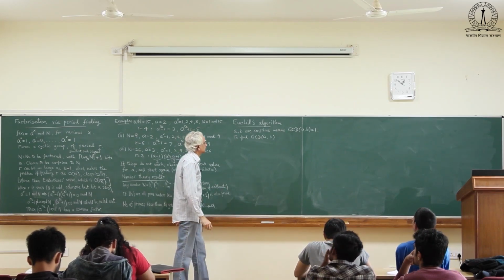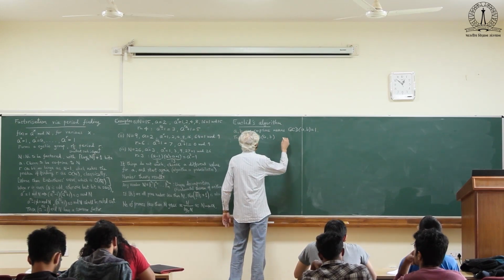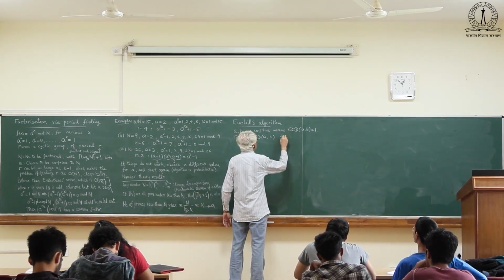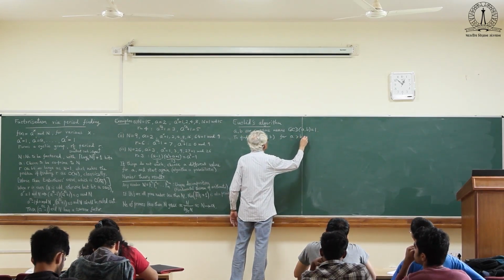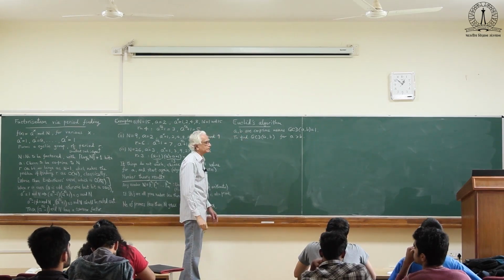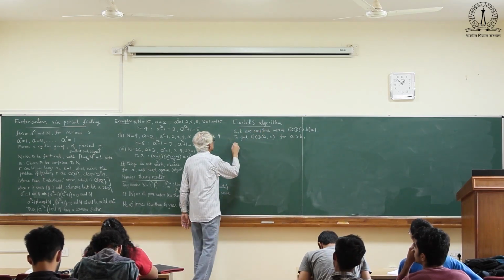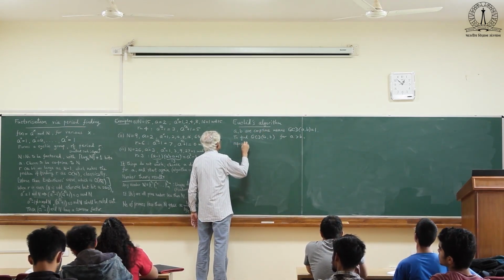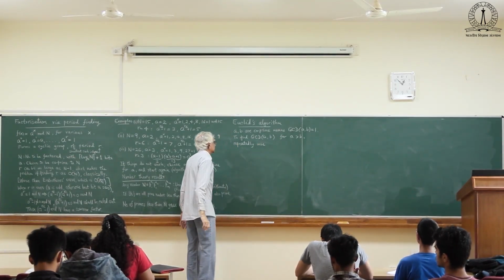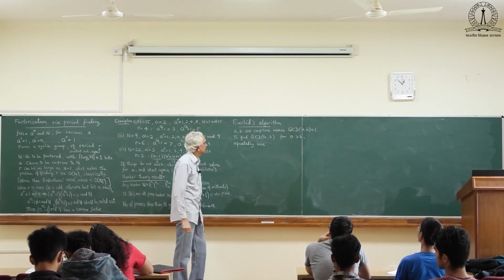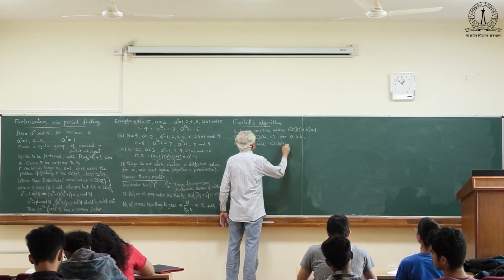I have two numbers and I assume them to be in some order, so let me say A is larger than B. What the algorithm does is just use the same procedure over and over again.